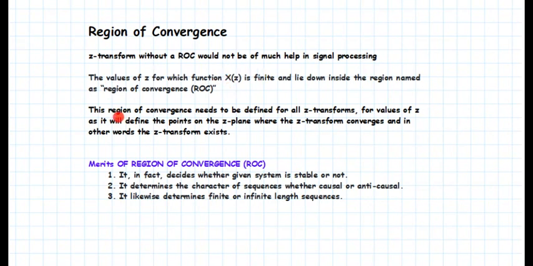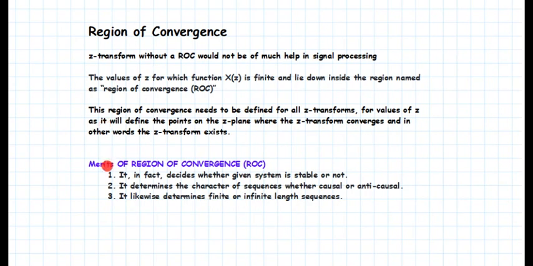So this region of convergence should be defined for all the Z transforms, right? Without defining ROC, Z transform is incomplete. So Z transform should always be defined with ROC. Right? So ROC needs to be completely defined whenever we find the Z transform of any given discrete signal.